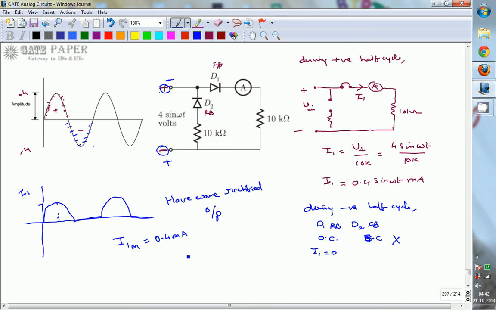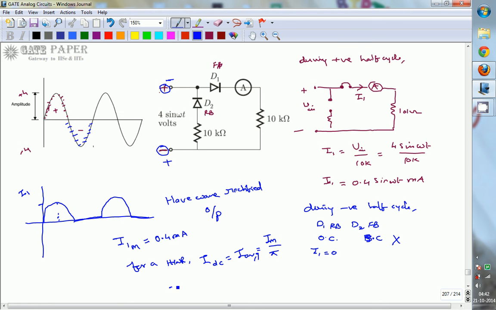We know that for a half wave rectifier, the DC value, also called the average value, is Im divided by pi.